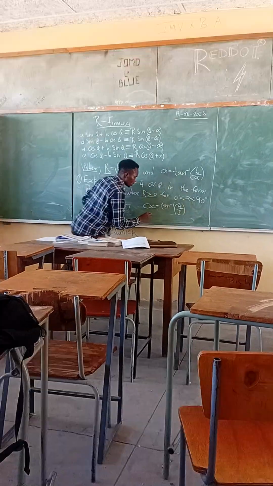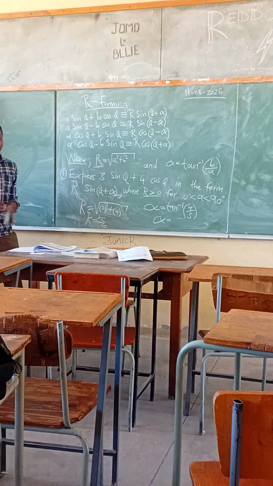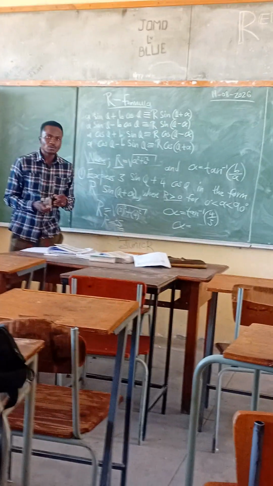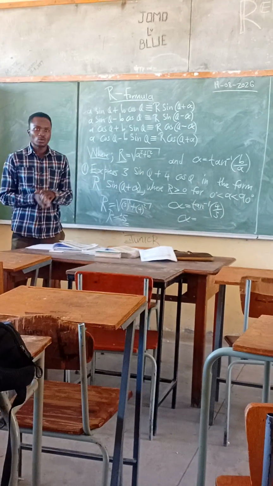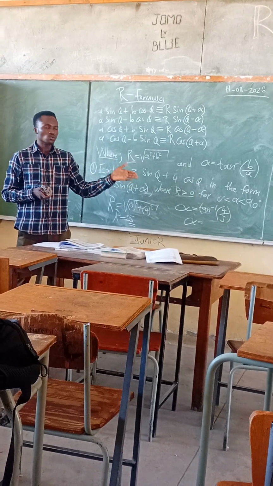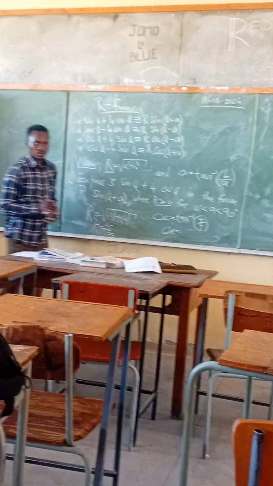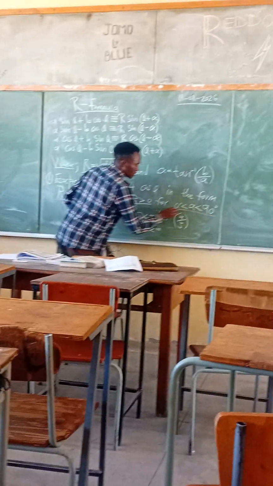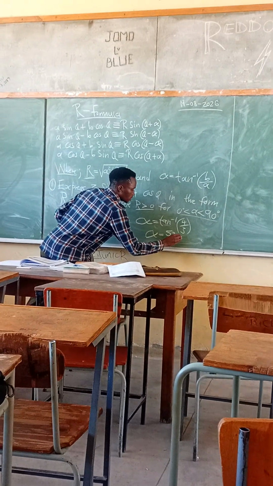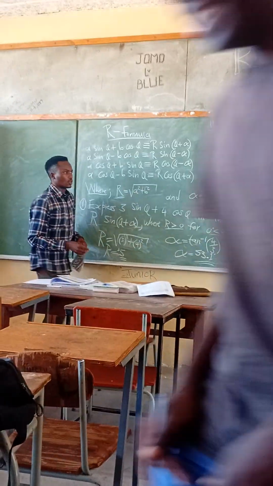And then you calculate. So our alpha is what? And that alpha must be within 0 to 90, because the domain is telling us that alpha should be within 0 to 90. Can you see that? 53.1.